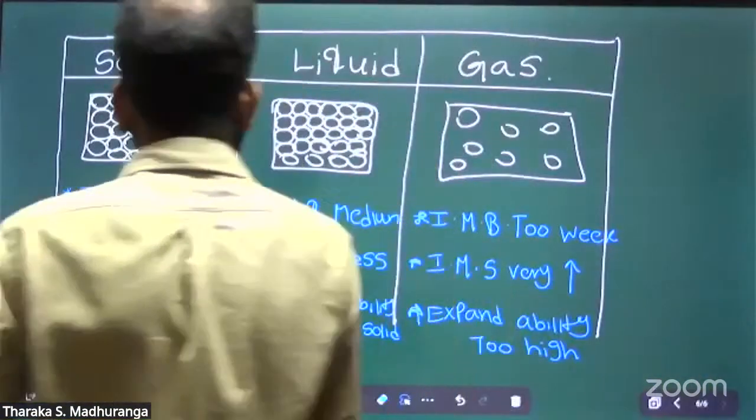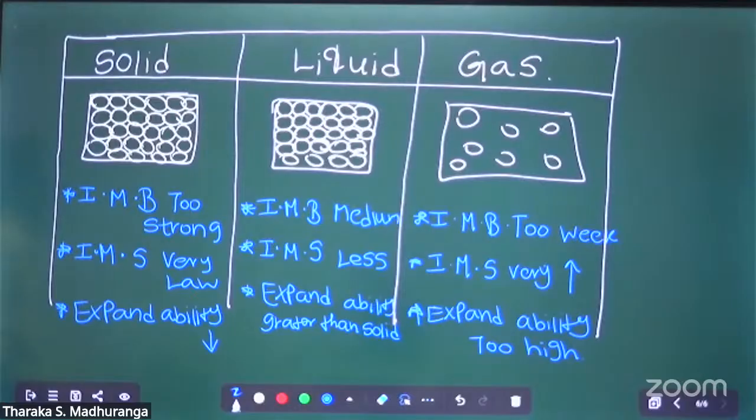Okay, make this table, and if you complete, please let me know.